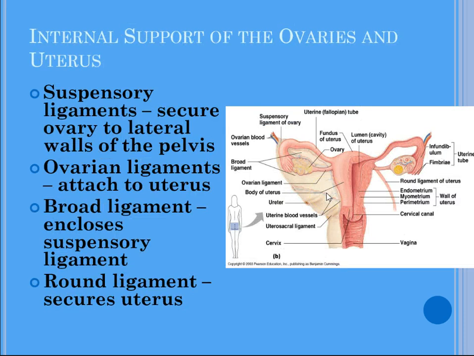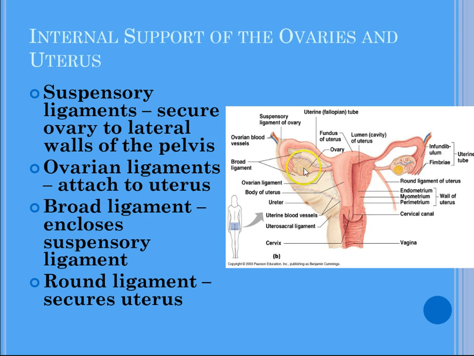Okay. Now, all of these things have to be supported within the body because remember, the male system, most of it is actually outside the body, but ours is inside, and so we have lots of ligaments that have to hold this in place. And so we've got this broad ligament right here that's actually going to hold the fallopian tube and the ovary in place, and it's going to keep the fallopian tube close to the ovary, and we'll talk about that in just a minute.